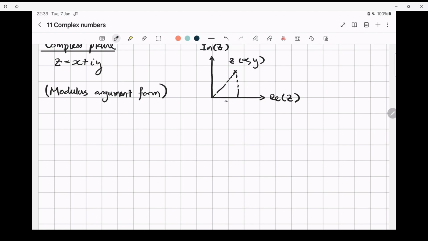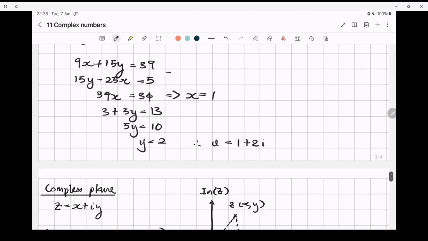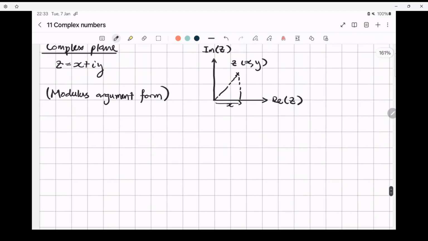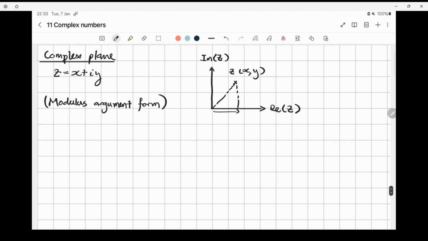So over here you will have x, and then over here you have y, and this makes some angle theta. This particular length we would denote as r. It will be useful later on.